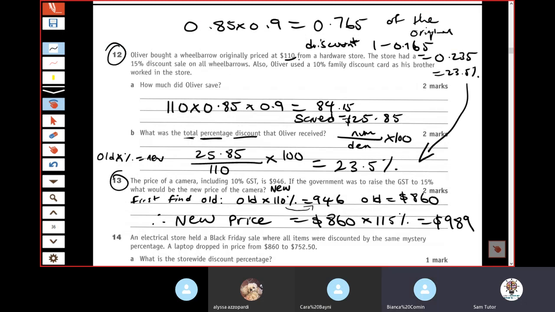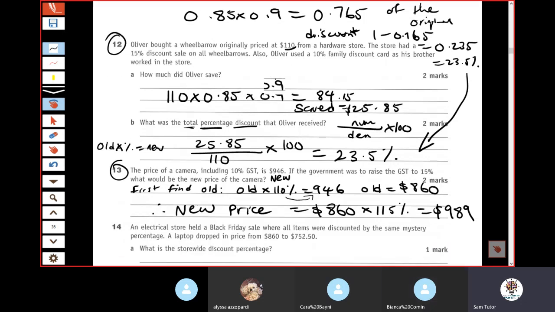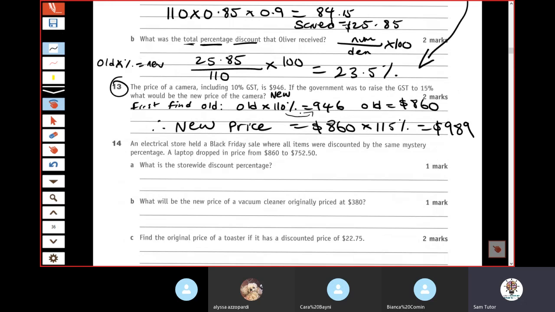I mean, straight away, you know that is the old price, and you're going to find the new price. Yeah. So you get used to the words, but I mean, that was the trick there. Once you know that that is the old price, you're like, all right, well, to find my new price now for it being 15% GST, well, I'm just going to multiply it by 115%. Okay, yeah, that makes sense.